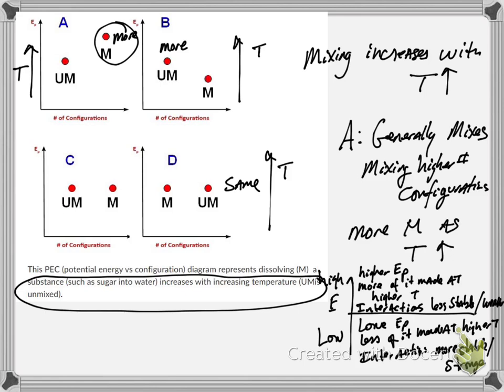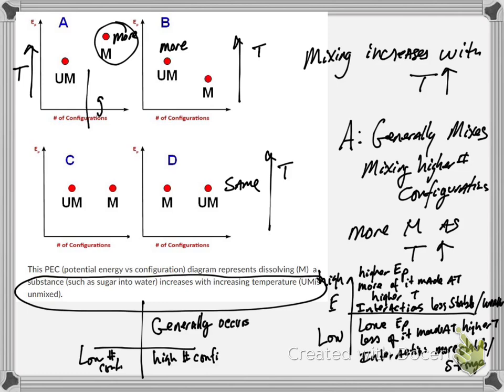I want you to keep that in mind in terms of the y-axis. For the x-axis, high number of configurations, low number of configurations. Whatever state is in this place generally occurs. So if we look here, it generally mixes.